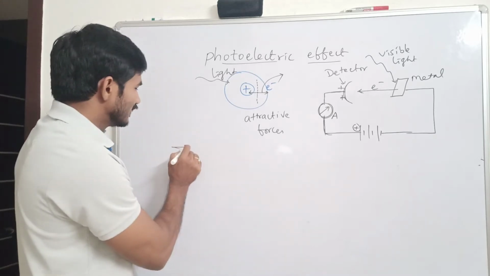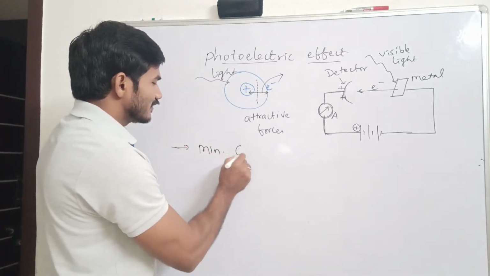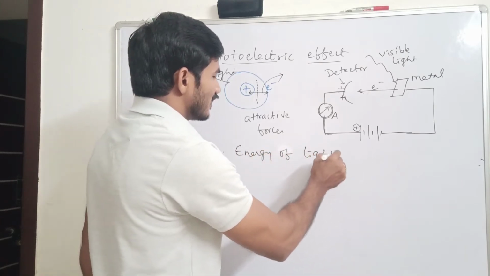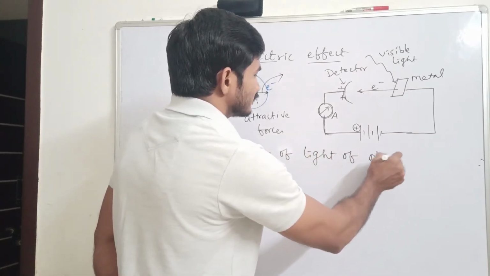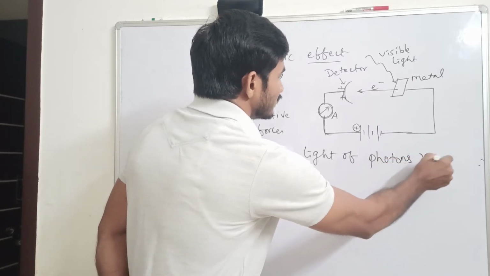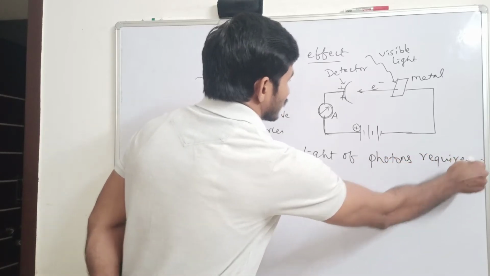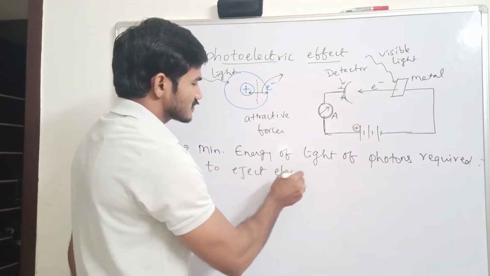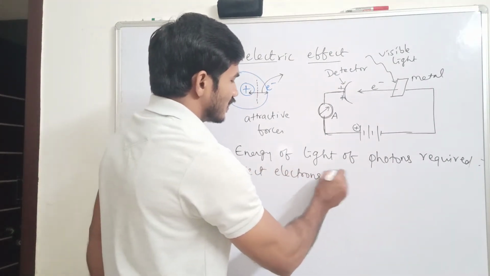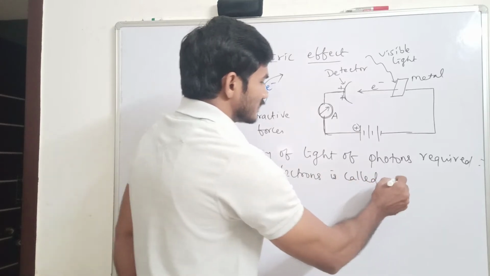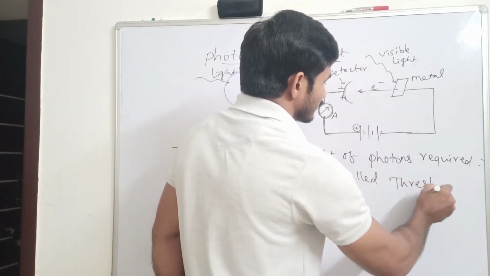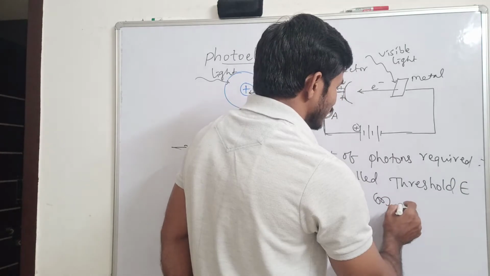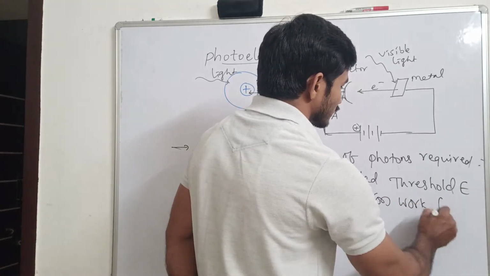I am writing here: the minimum energy of light or photons required to eject electrons is called threshold energy. Threshold energy is also said to be the work function.